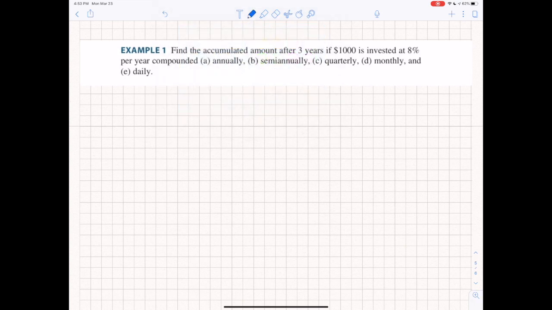Okay, so in our question, the very first thing I want to do is go through the general information. I know that the principal amount in this problem is 1,000. I know that the interest is 8%, so the number I'm going to use for that is 0.08. I know that my time is 3, and then my m depends on which part of the problem we're looking at.